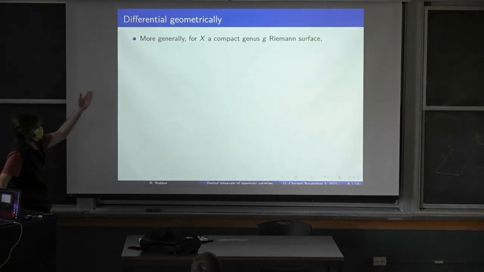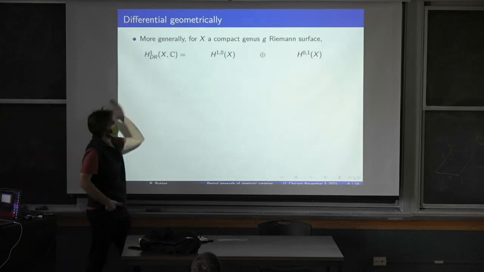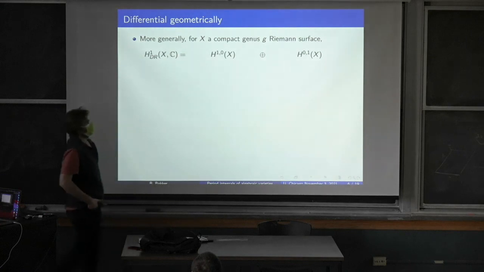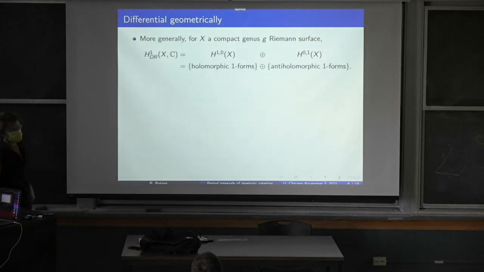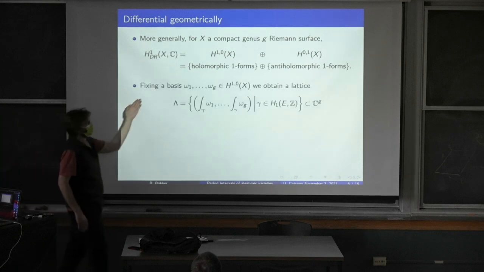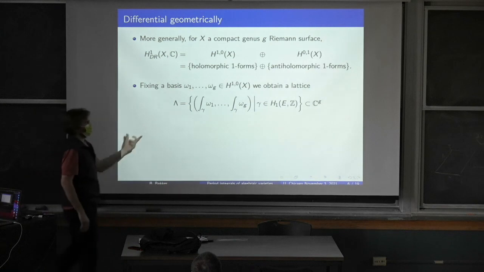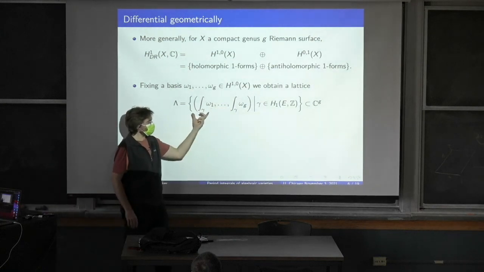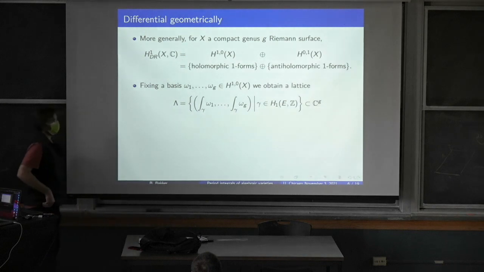This is a general phenomenon. For instance, for any compact Riemann surface, we can do a similar thing. We can look at how the de Rham cohomology splits into harmonic forms. Once again, the harmonic forms are just the holomorphic and anti-holomorphic ones. And if we choose a basis of holomorphic forms, of which there are now g, then we can look at all the integrals we get, integrating against the now 2g generators for first homology.